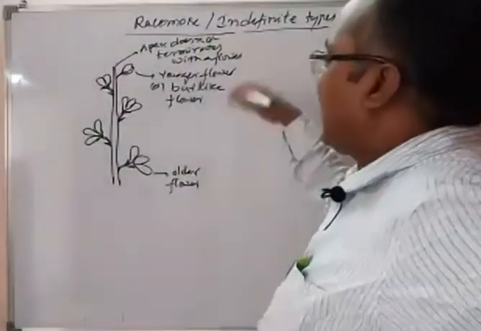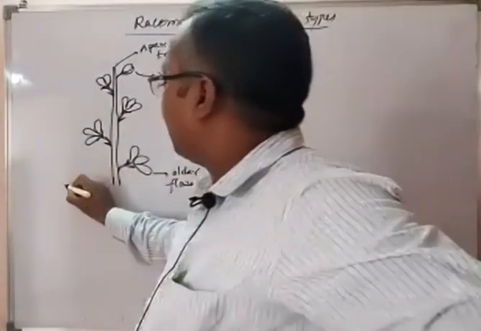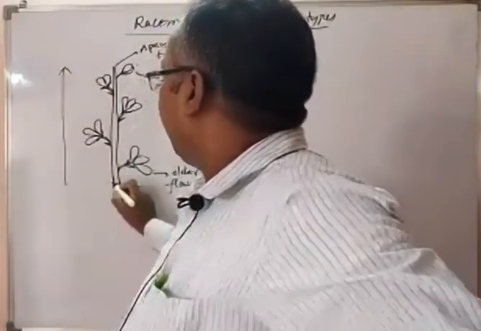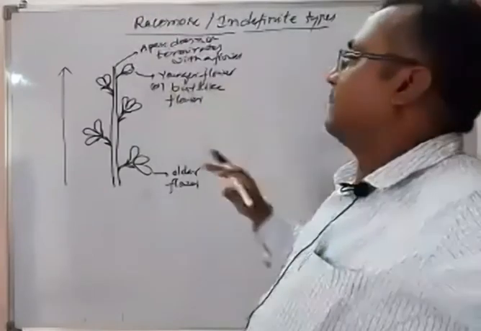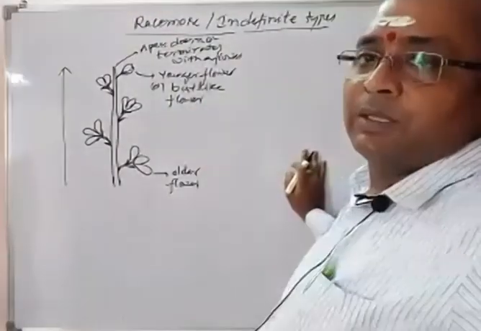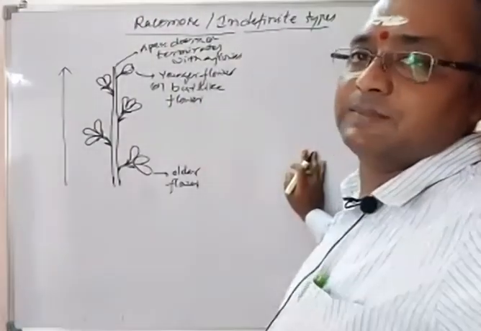This is called acropetal succession. So opening of flowers takes place from the base of the peduncle to the apex. That is called acropetal succession.